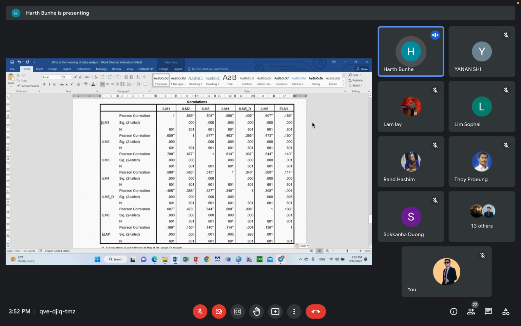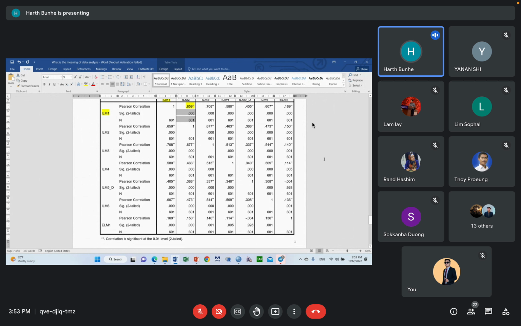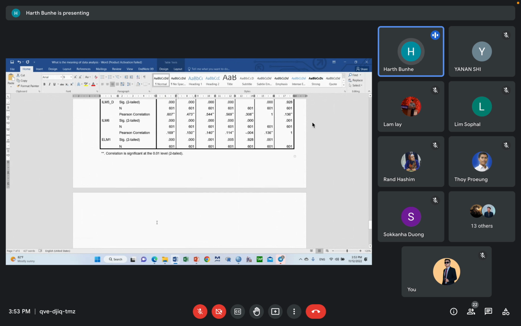Here, ILM1 correlates with itself with 1. ILM1 with ILM2 has the value of 0.659, and the value is significant with the sample number of 601. So when you write, you can write like this to clarify.